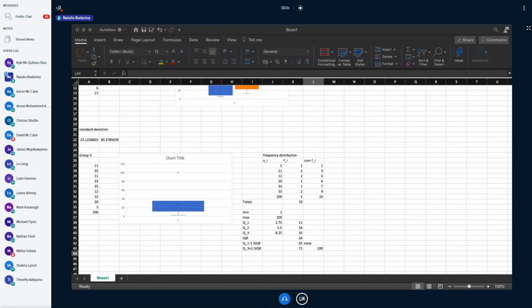This is for the lowest outliers. And for the highest outliers, you can use COUNTIF again on the original set, and the criterion will be greater than 71, and it will give you 100.